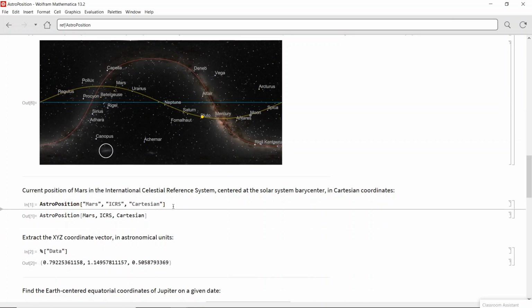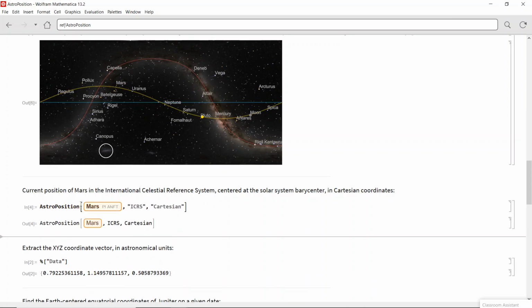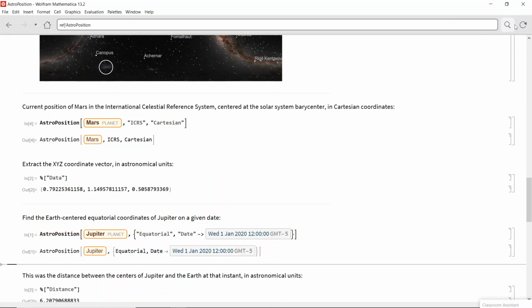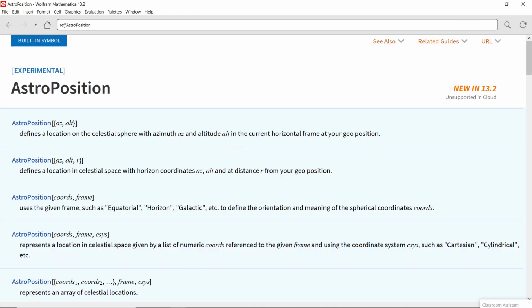That didn't work for some reason. Let me try this: Entity, planet, Mars. Well, that doesn't work. Find the Earth-centered equatorial coordinates of Jupiter on a given date. Let me try reloading this. I don't know why this isn't working.